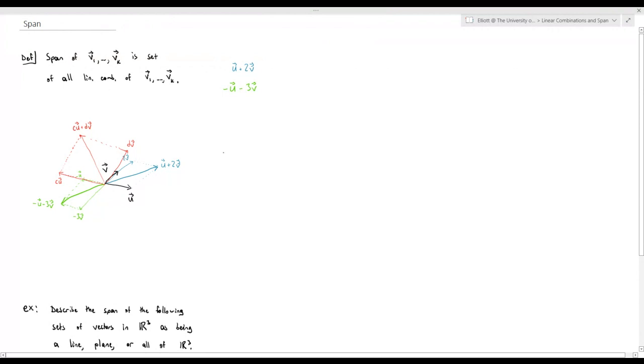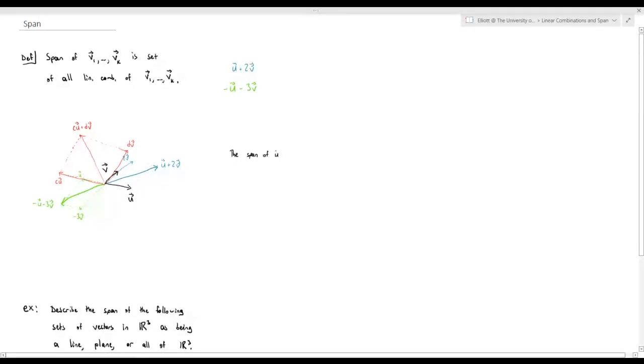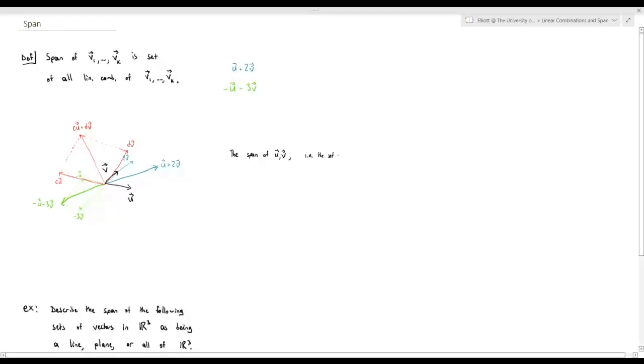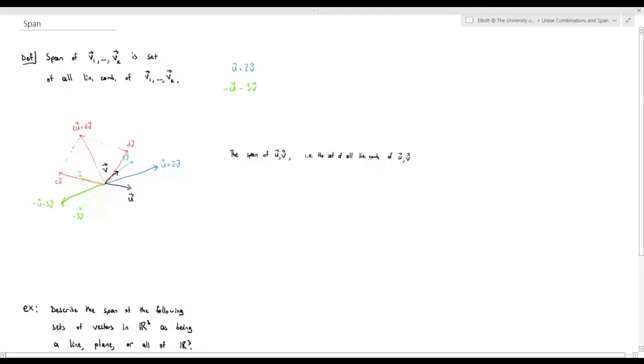So my point in this illustration is that the span of these two vectors, span again referring to the set of all linear combinations of them, would end up forming basically the entire plane that the two vectors u and v lie in.